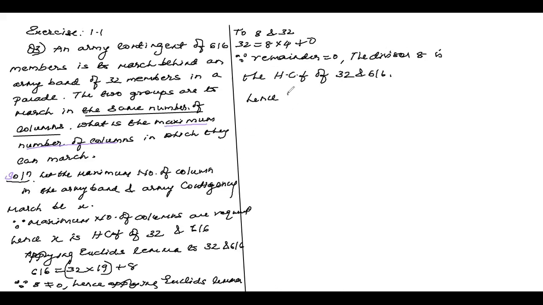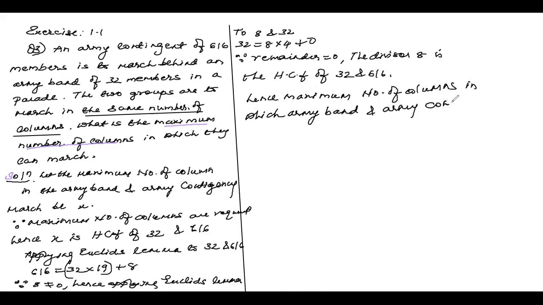Hence, maximum number of columns in which army band and army contingency march is equal to 8.